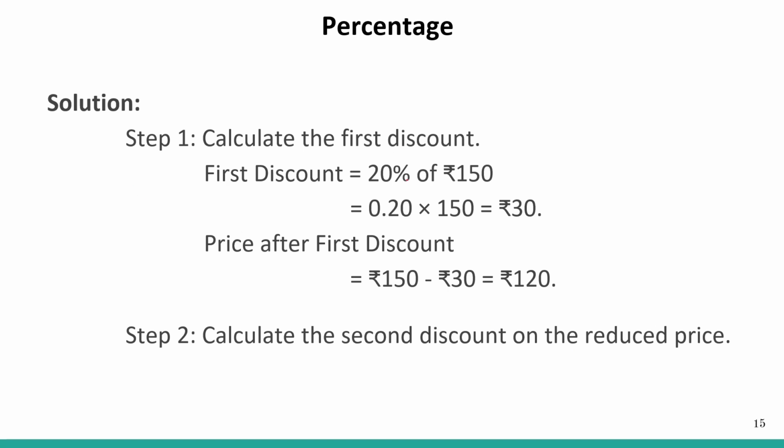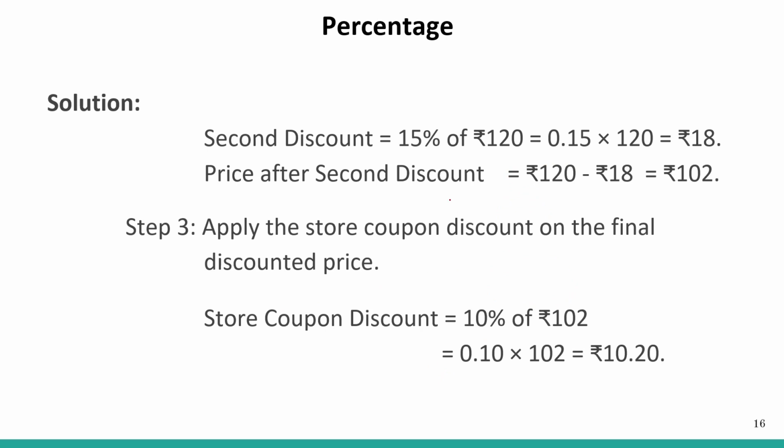Let's recap. We calculated 20% of 150, which gave 30. After the first discount, the price was 120. Now calculating the second discount on the reduced price, that is applying the clearance sale discount of 15% on 120, where we converted the percentage to decimal, 0.15, giving 18 rupees.